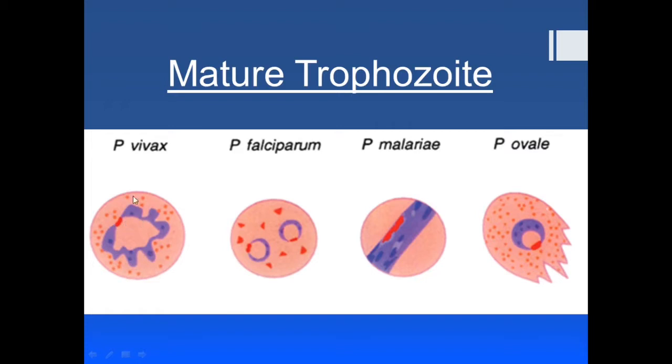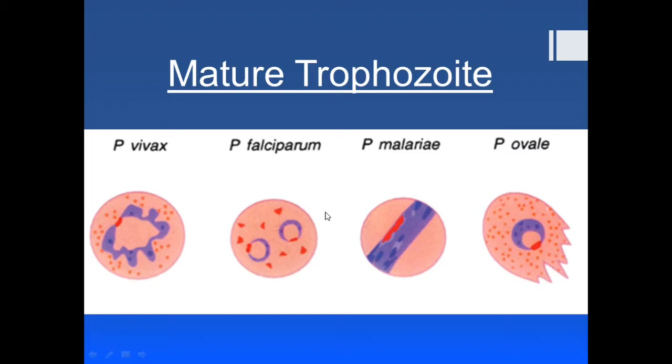So in Plasmodium vivax, the ring will be irregular in form, whereas in Plasmodium malariae you can see a band, where the organism has arranged itself in the form of a band. On the other hand, in Plasmodium ovale, it is rounded and compact, and there is no band formation or irregularity. As you can see, it is a proper ring.